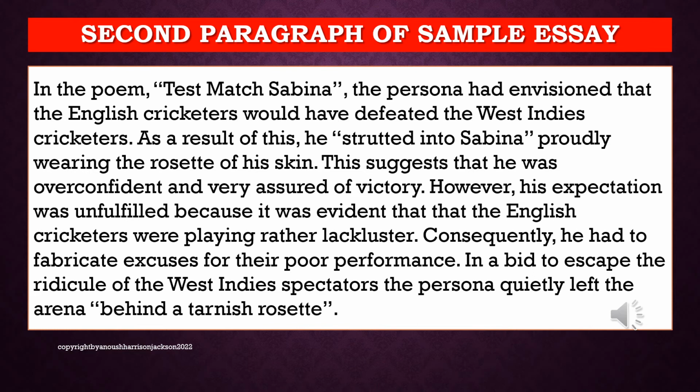However, his expectation was unfulfilled because it was evident that the English cricketers were playing rather lacklustre. Consequently, he had to fabricate excuses for their poor performance. In a bid to escape the ridicule of the West Indies spectators, the persona quietly left the arena behind a tarnished rosette.